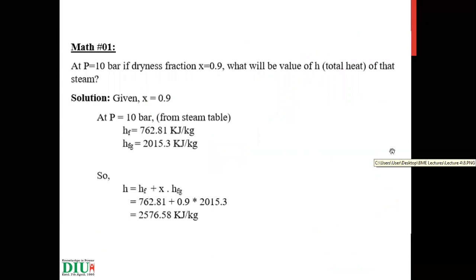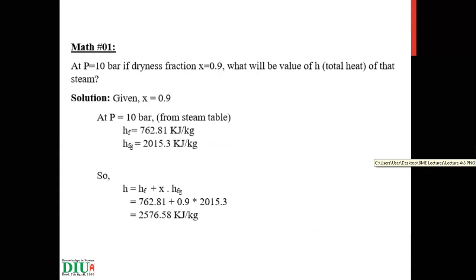Always remember the dryness fraction is related to the wet steam. When the steam is not specified in the example or in the question, if the dryness fraction is given, it is wet steam.